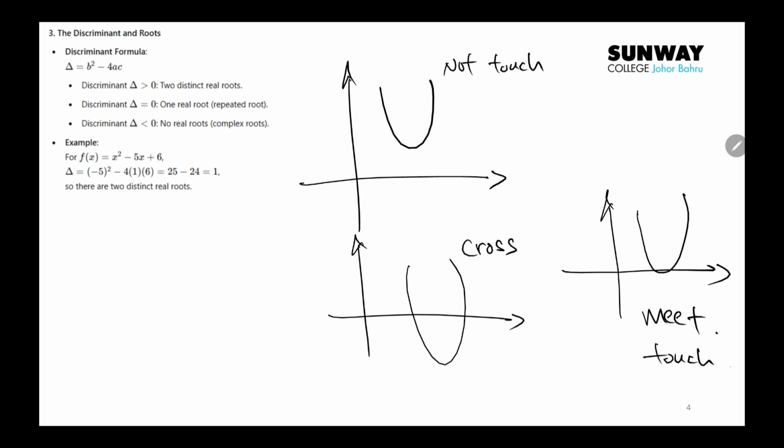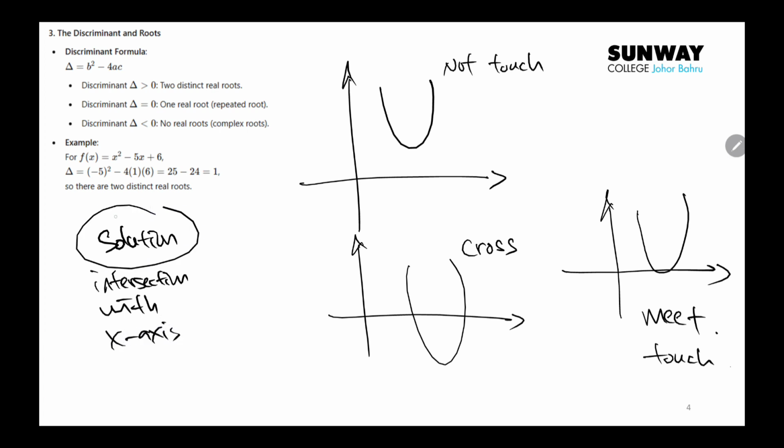Solutions simply means the intersections with the x-axis. When it is not touching the x-axis, there are no solutions. When it is crossing the x-axis, it has two real solutions. When it is only meeting the x-axis once, it has one real solution.